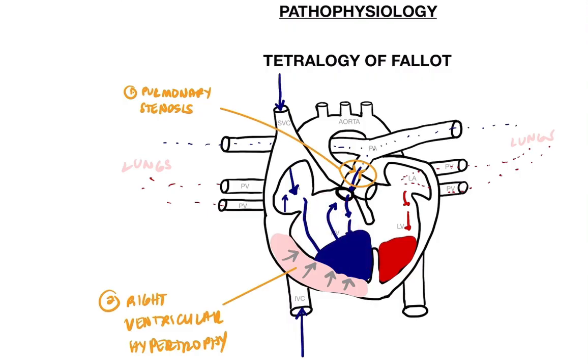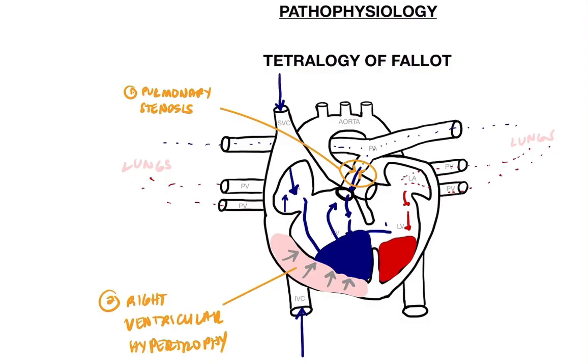All right? So, therefore, which do you think is the direction of the shunting? Is it going to be right ventricle to left ventricle, or from the left ventricle to the right ventricle? Of course, it is right ventricle to left ventricle.